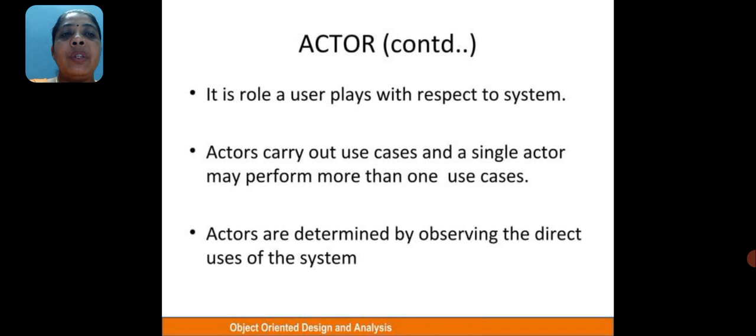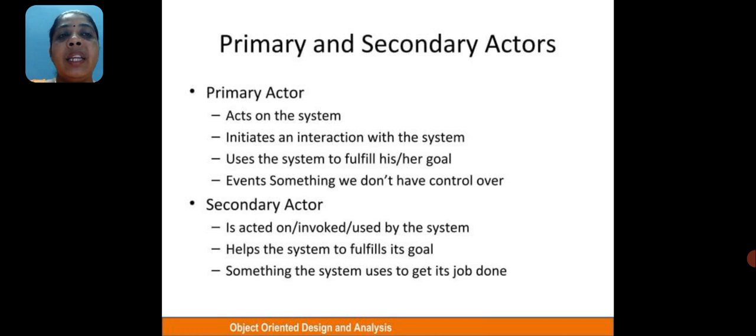An actor is the role a user plays with respect to the system. Actors carry out use cases. A single actor may perform more than one use case. Either a customer or a developer can interact with different structured environments. Actors can be determined by observing the direct users of the system. Then there are primary and secondary actors.